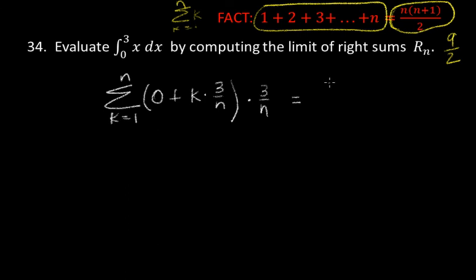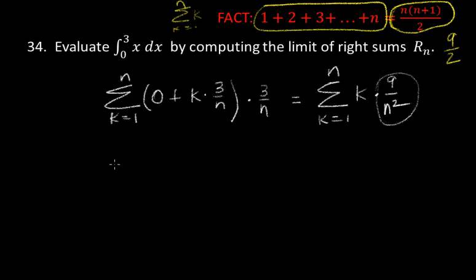Actually, this is the sum from k equals 1. When the function is just x, I can multiply those. It's k times 3 times 3, 9 over n squared.